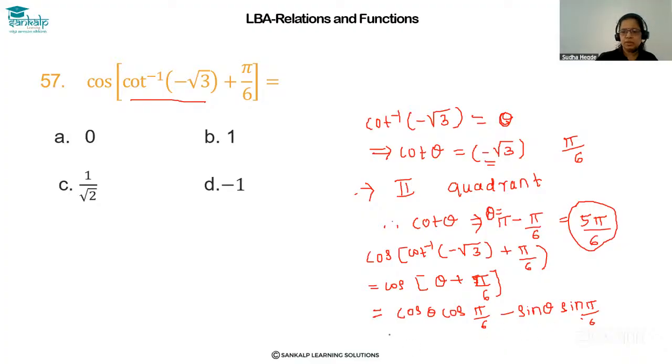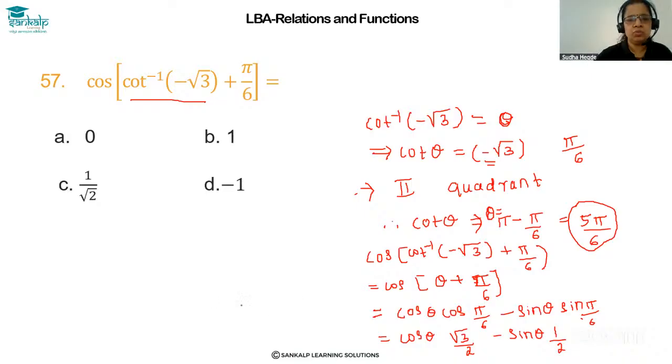First we will simplify with this. So cos theta times cos pi by 6, and cos pi by 6 is root 3 by 2, minus sin theta times sin pi by 6, which is 1 by 2.